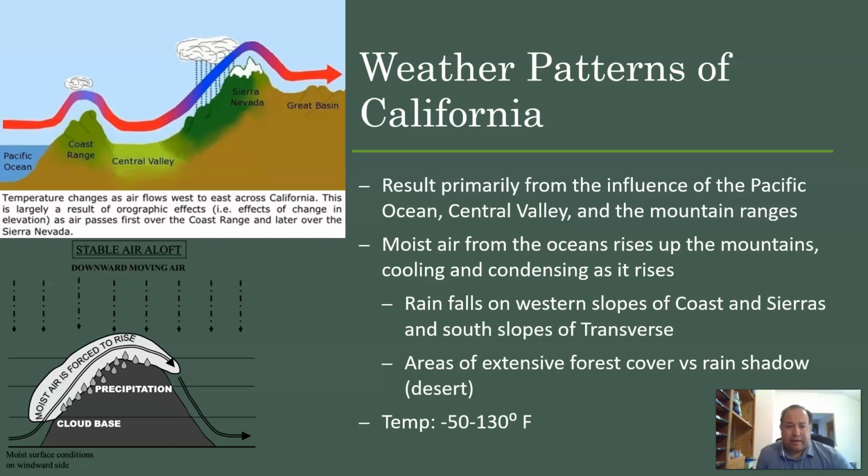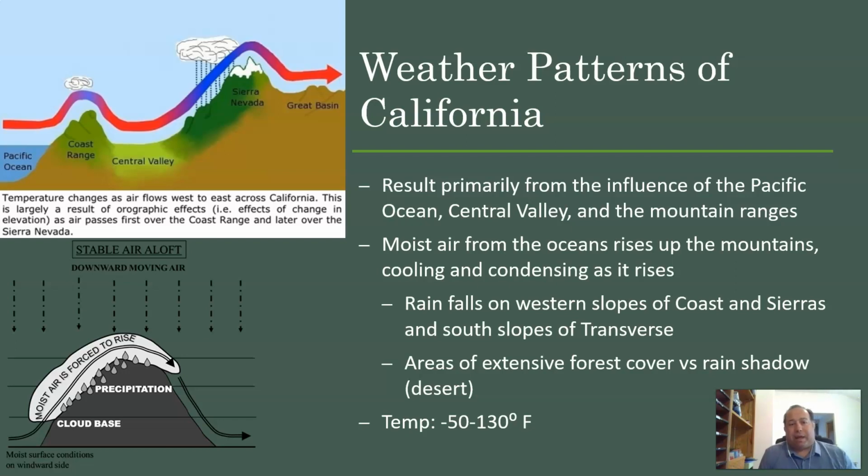So what happens is that basically the ocean influences all of our weather patterns because we get the moist air from the oceans rising up and cooling and condensing as it rises.